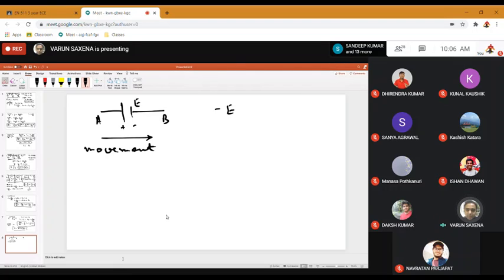You could have taken it plus E also, but this is generally what I adopt, and many of the books also adopt. So suppose you have a voltage like this, A and B, and this is the direction of movement, which is minus and plus. So you're entering into minus, and then you're exiting from plus. So I like to take it as plus. You can always argue the opposite way also, but this is generally what I do.